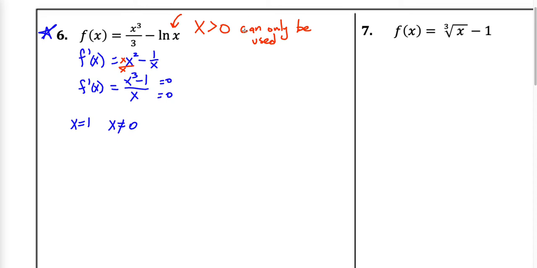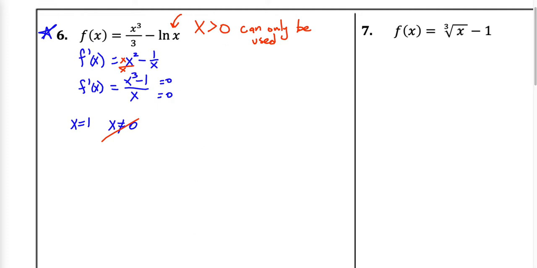Because of that, that value doesn't even matter. Domain restrictions apply to the derivatives as well, even if the derivative doesn't appear to have the same restrictions. If you can't use it in the original function, you can't use it in the derivative as well. So because of that, x can't be 0 gets thrown out. It's not even a possible number to be used.